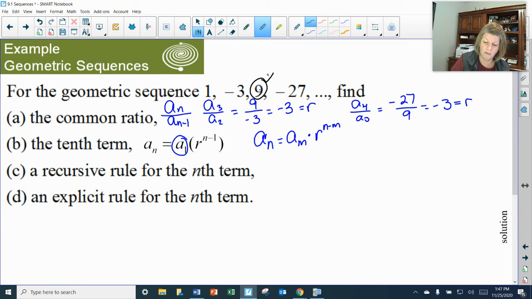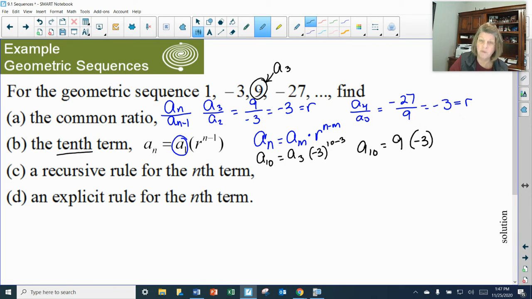Let's say we know the a sub third term, and we want to get to the 10th term. So I would have a sub 10 equals the a sub third term times my common ratio of negative 3, and then I'd have 10 minus 3 multipliers to get out there to the 10th term.